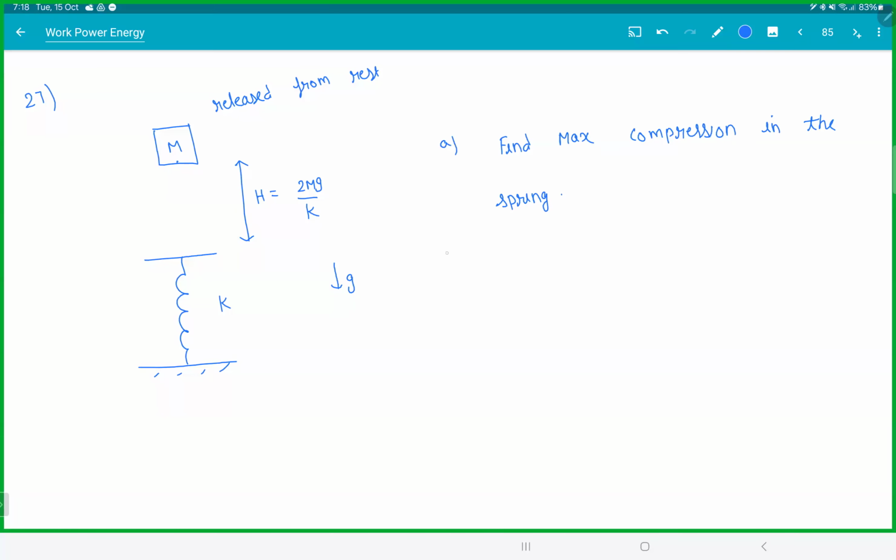I can add one more question. At what position does the block have maximum speed? Now this suddenly becomes an advanced question. I can ask this with more than one choice. Let's get these two.